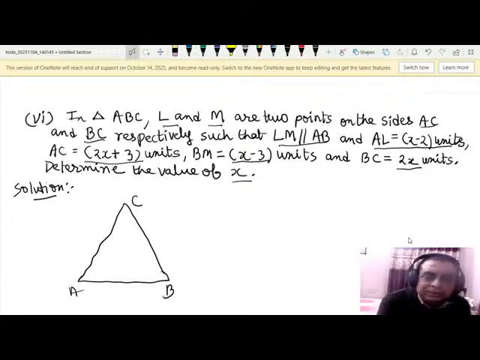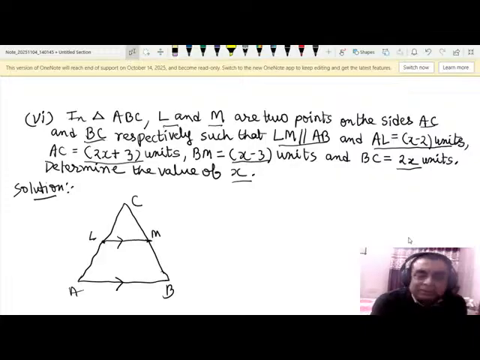So on AC there is one point called L, and on BC there is another point called M. Now join L to M. So this line LM is parallel to AB. Mark them parallel by putting similar arrows.